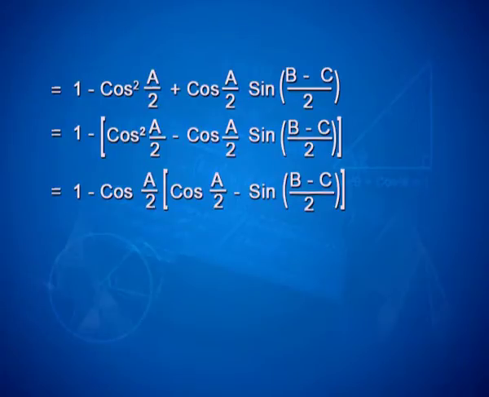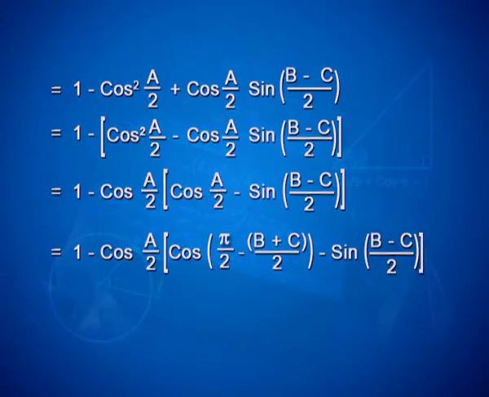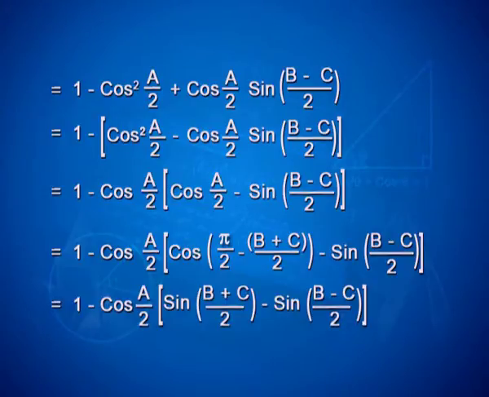Taking cos a upon 2 common, we could write this as cos a upon 2 minus sin b minus c upon 2. Now, 1 minus cos a upon 2 into cos pi by 2 minus b plus c upon 2 minus sin b minus c upon 2. This could be expressed as 1 minus cos a upon 2 into sin b plus c by 2 minus sin b minus c upon 2.